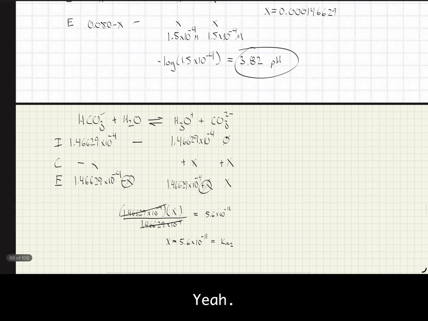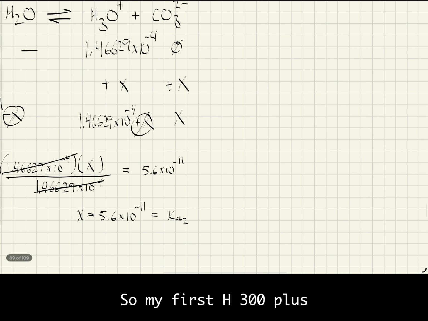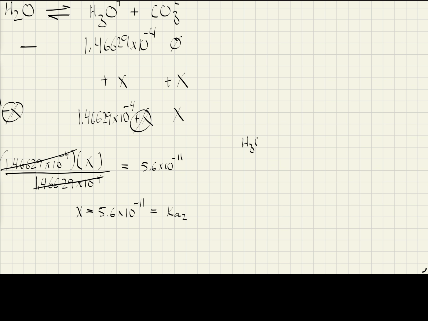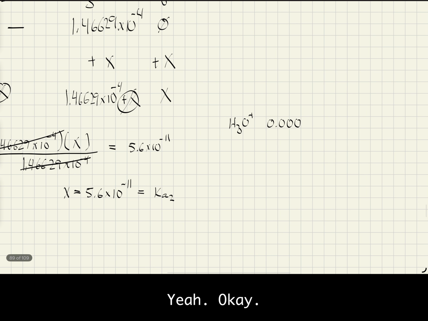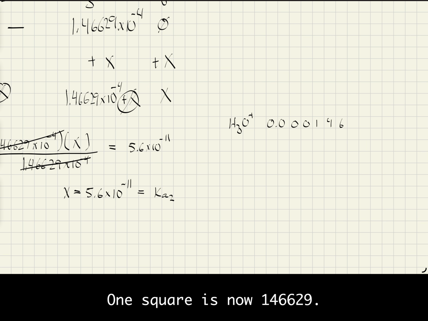So my first H3O plus was 1.46629, so this is from Ka1.